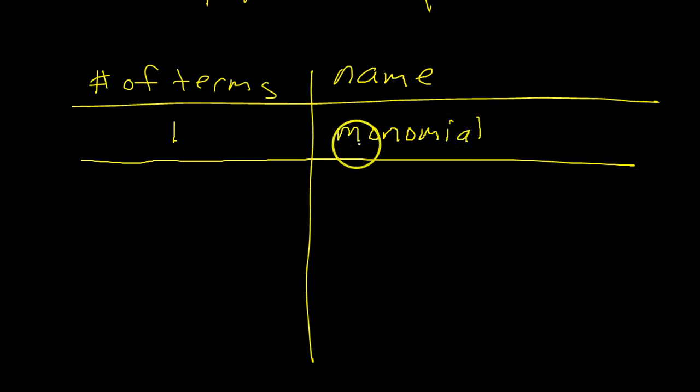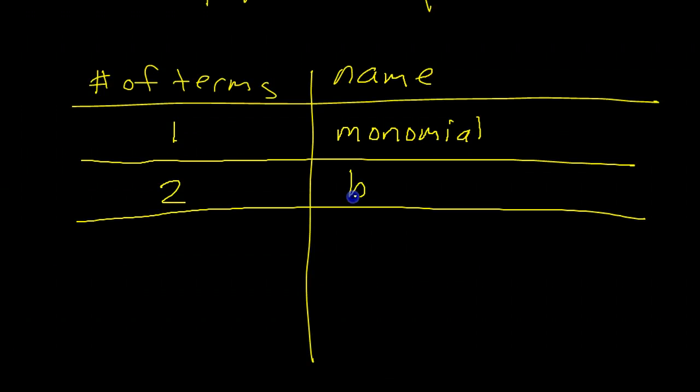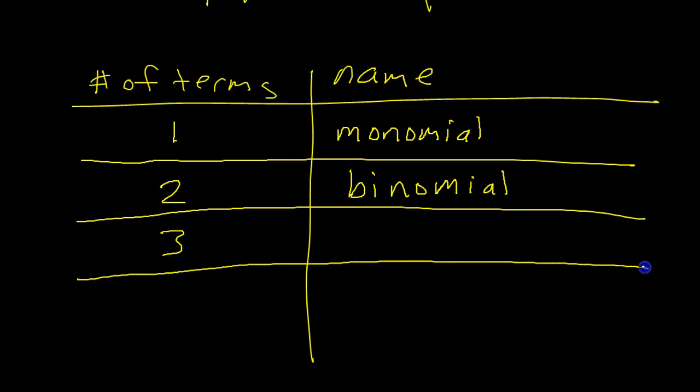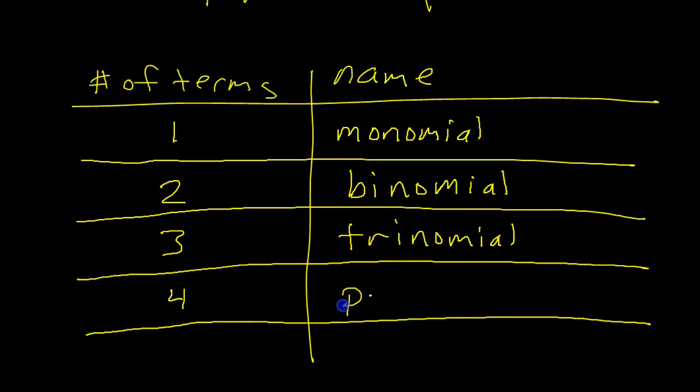You can see the root mono meaning 1. If there are 2 terms, then we call that a binomial, the root bi meaning 2. And if you have 3 terms, that's going to be called a trinomial. You see the root tri meaning 3. Anything more than 3 terms, we just go with the general term polynomial.